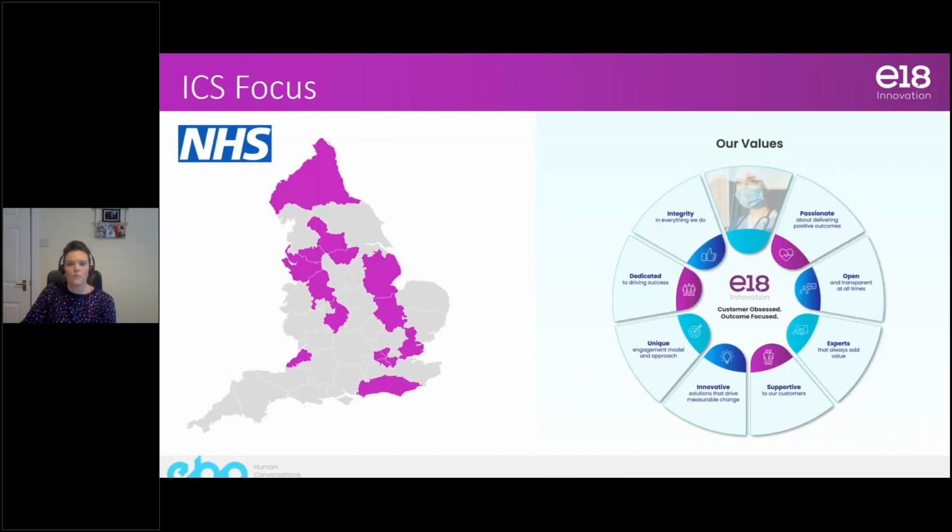At E18, we work in partnership with 53 organisations across 17 integrated care systems, from acute trusts to community and mental health providers and primary care networks too. So we understand the importance of regional strategic alignment for the NHS, and as such, our approach revolves around building relationships with stakeholders at all levels of an ICS, driving collaboration and leveraging the power of integration to deliver transformational change.